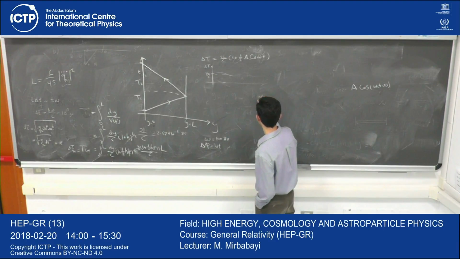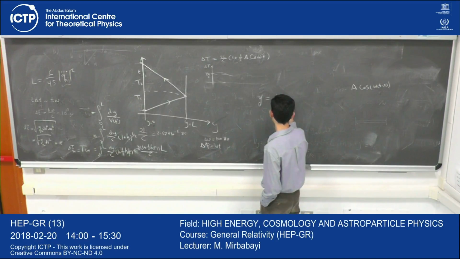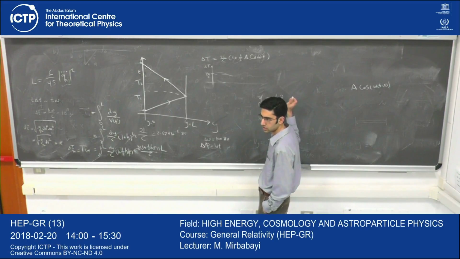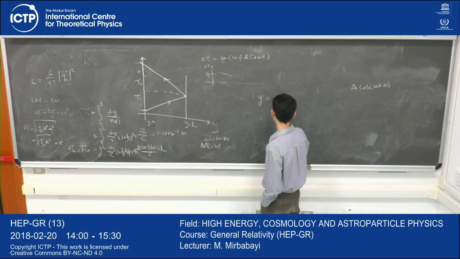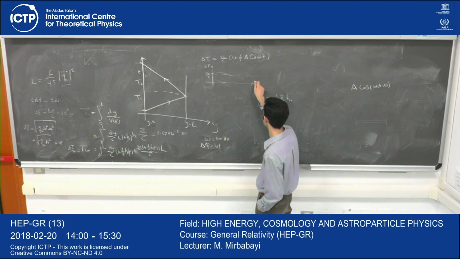So we have y double dot equals one half. We are assuming a small field, right? h is a small perturbation. So we were getting y double dot equals one half ∂y h00 for a non-relativistic particle.